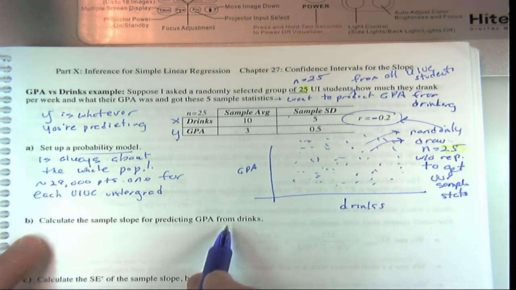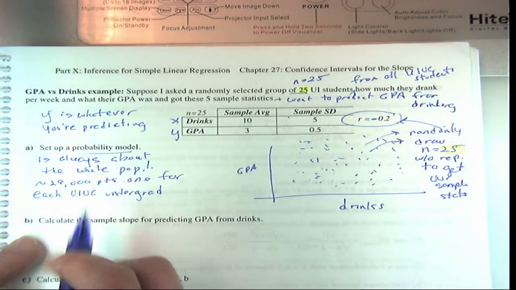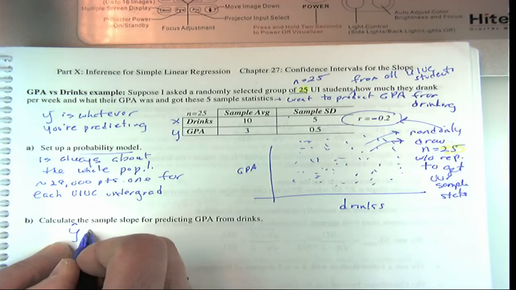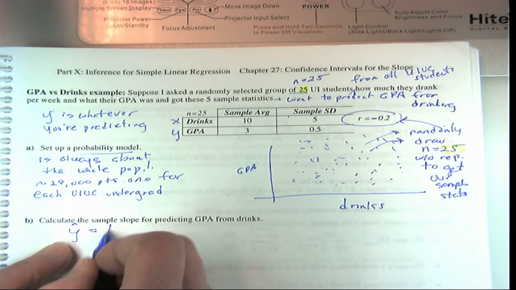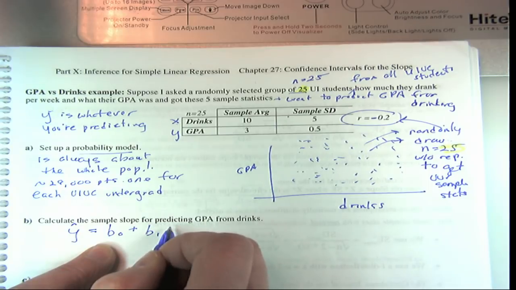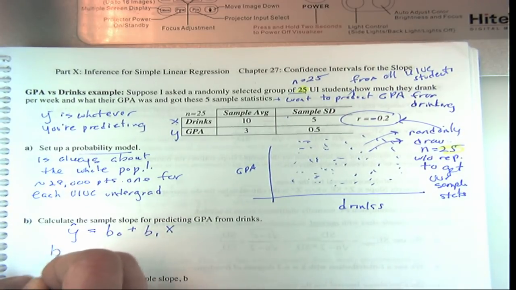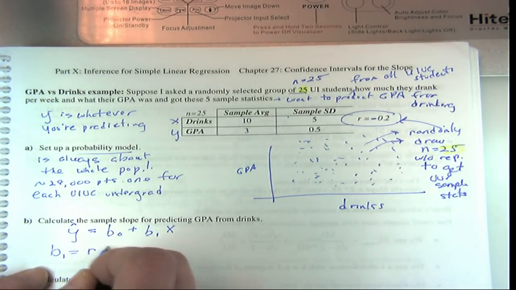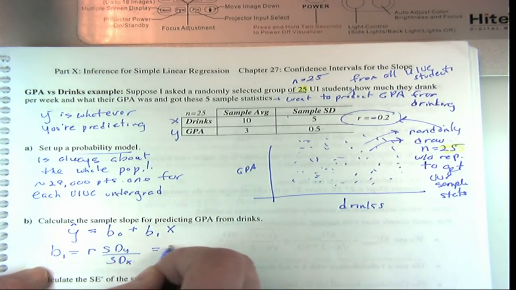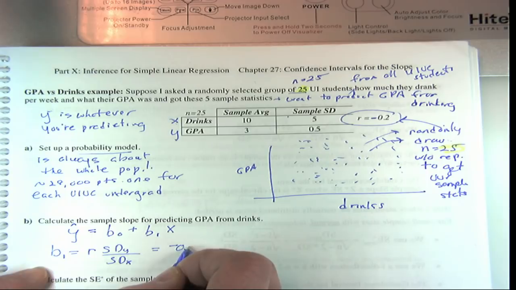So let's calculate that. We have this equation: our predicted GPA is going to be equal to some intercept plus a slope times x. To get our slope, we're just going to say r times SDY over SDX, and r is negative 0.2.